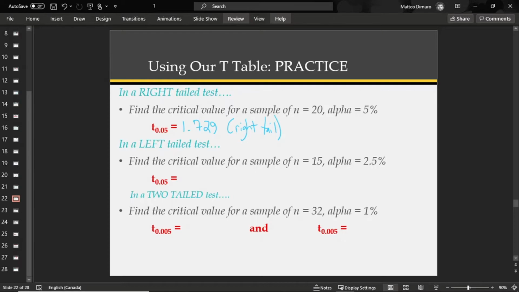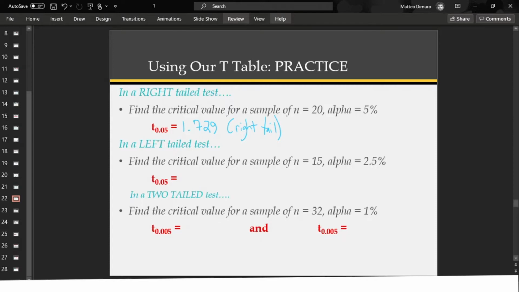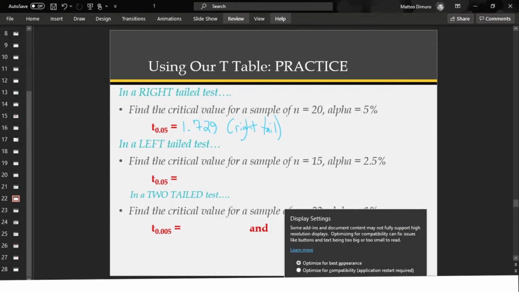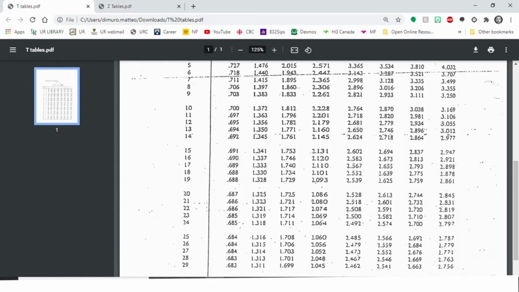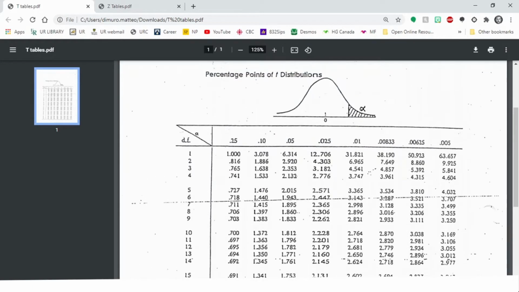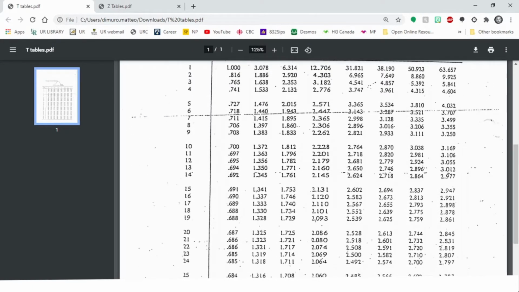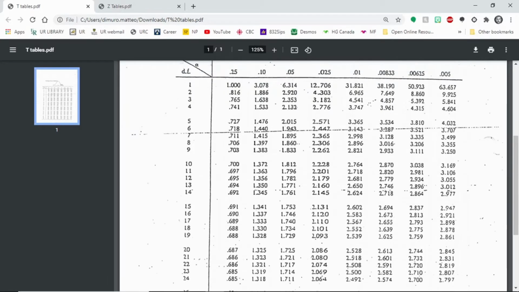Let's do a left-tailed test. I'll do this one with you guys, although you should pause it and see if you get the same answer as me. So pause it, then come back and check. So for the critical value of n equal 15 and an alpha value of 2.5%. For n equal 15, we go degrees of freedom. So there's 15, degrees of freedom minus 1, and it was 2.5%.